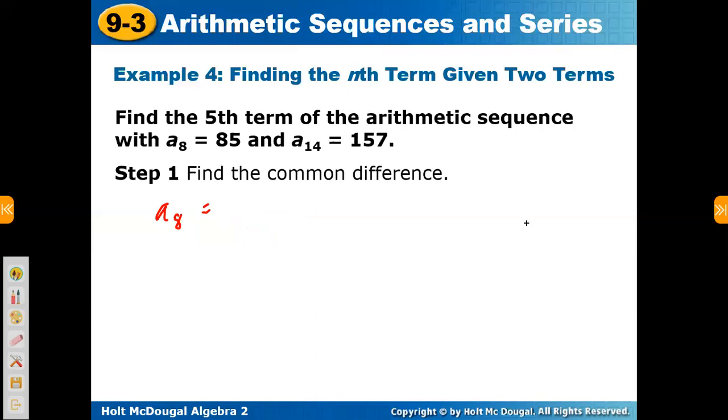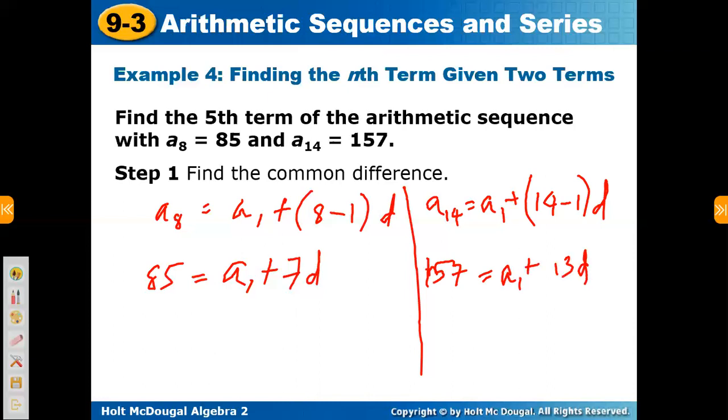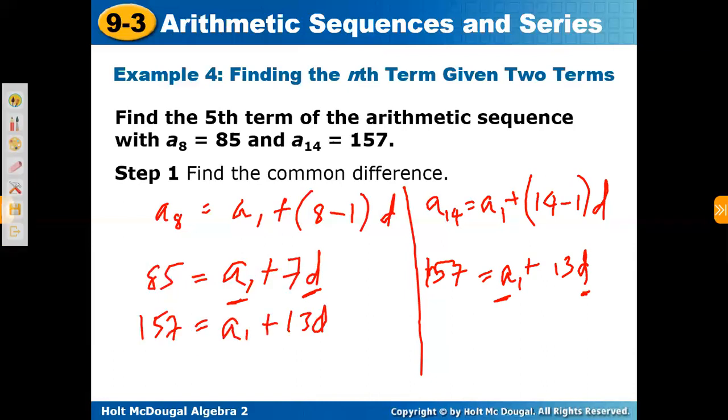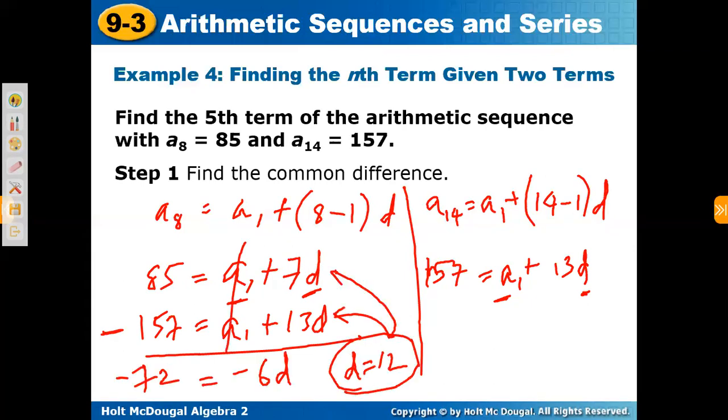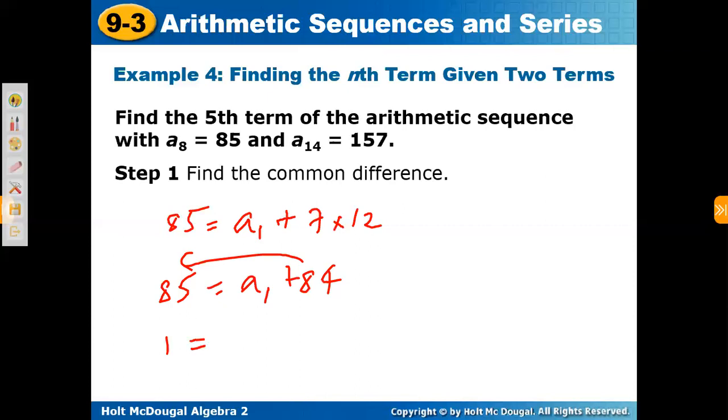So here it is A1 plus 7d. I have two ways to use this, so let's say I have d, and taking A1 to the other side, I got A1 as 1.